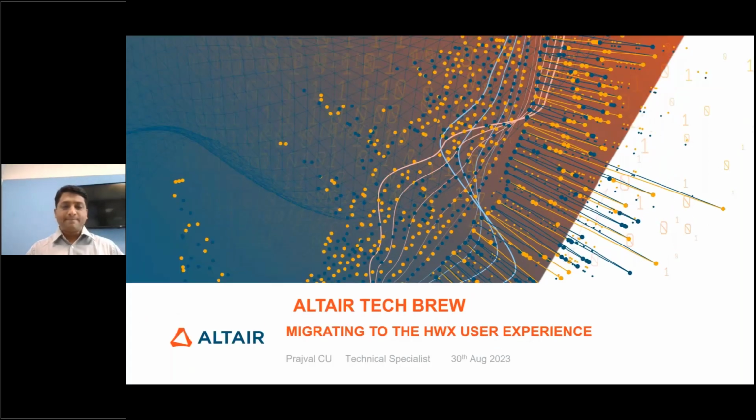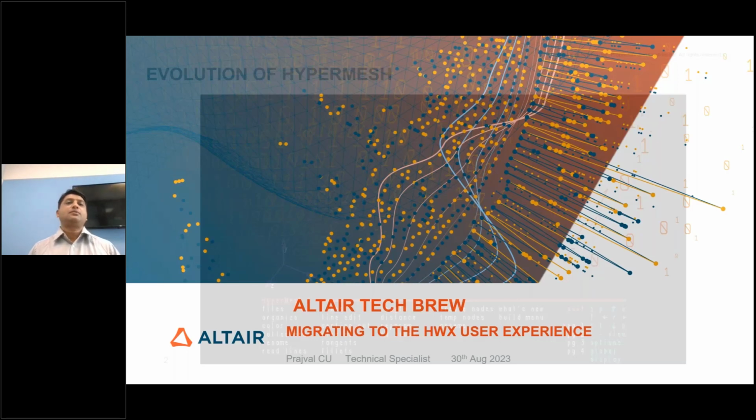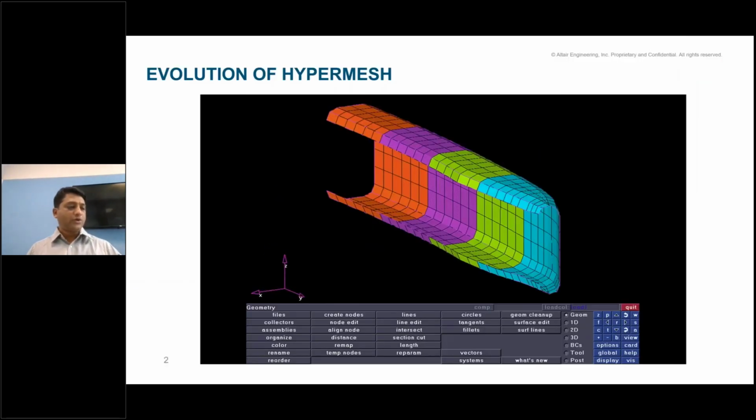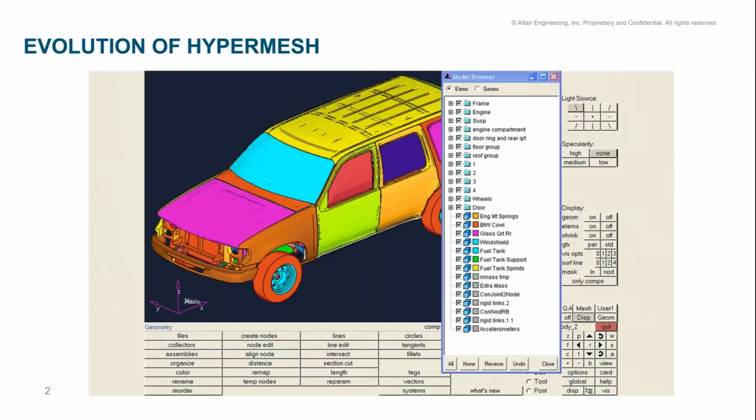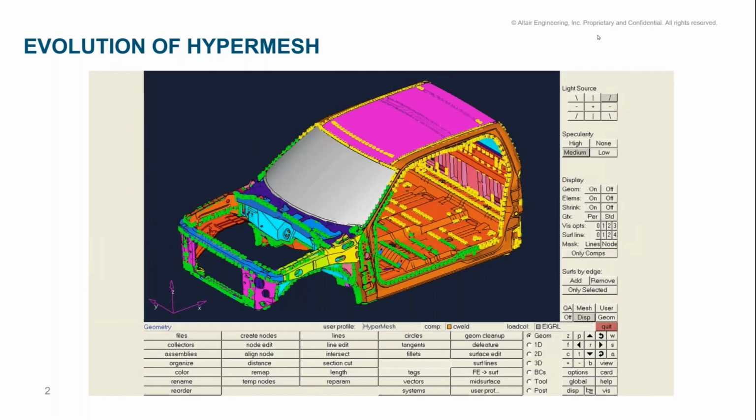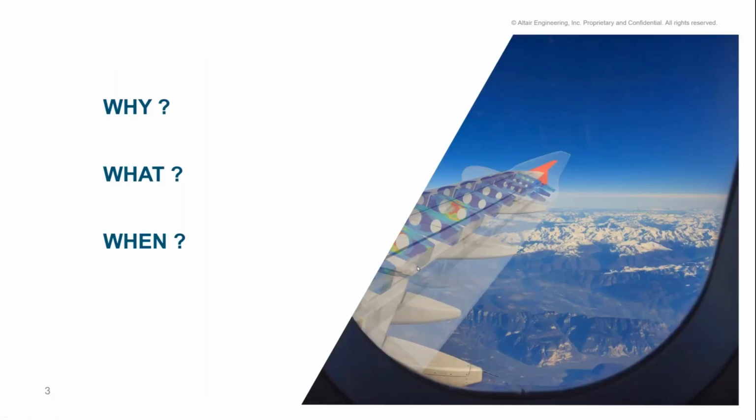Okay. The first slide which I really wanted to showcase is on the evolution of Hypermesh. Since 3 or 4 decades earlier, we initially started developing Hypermesh, and then kept on developing it.